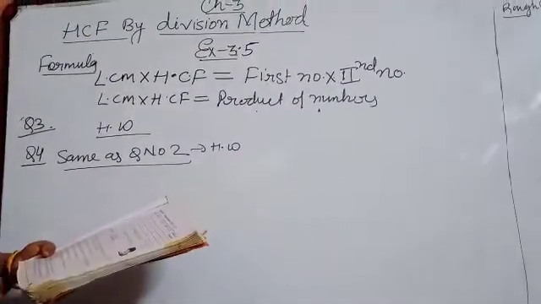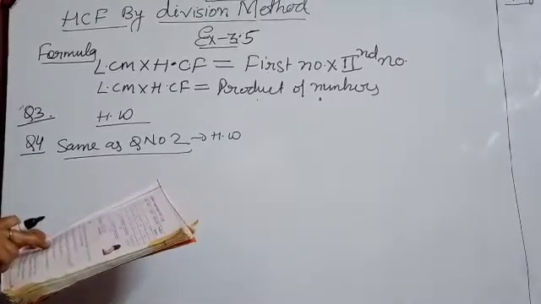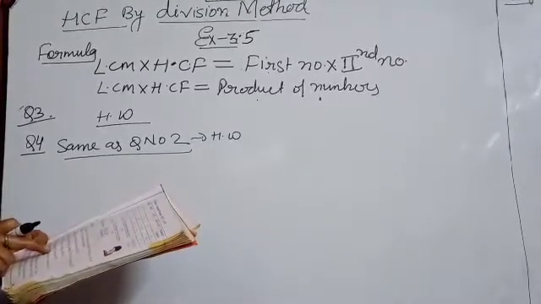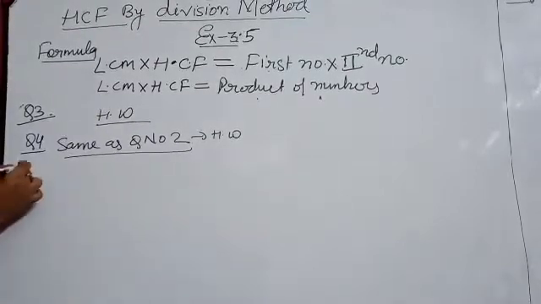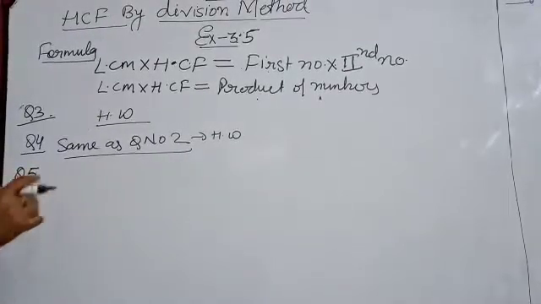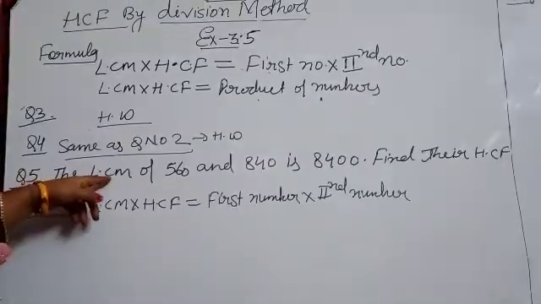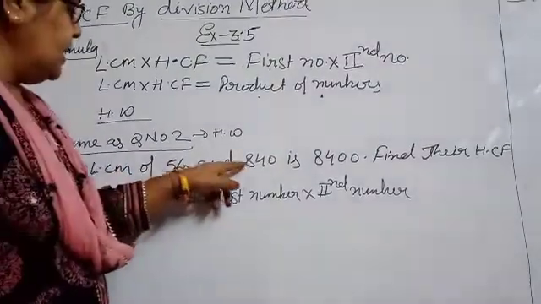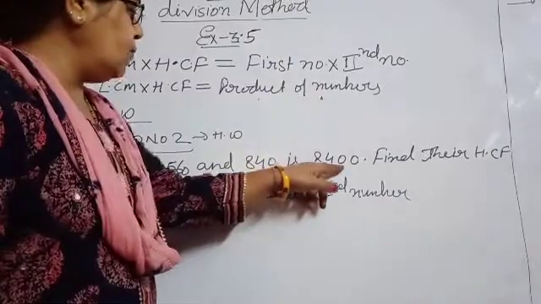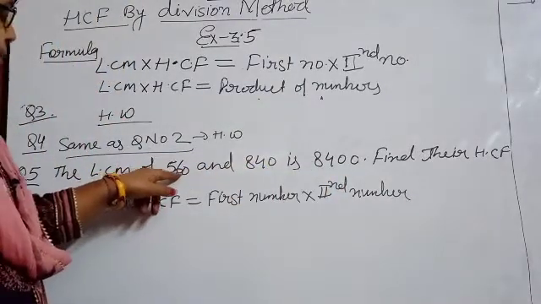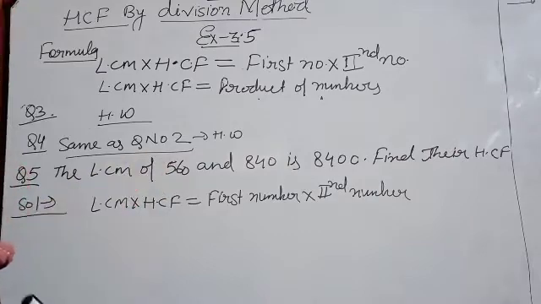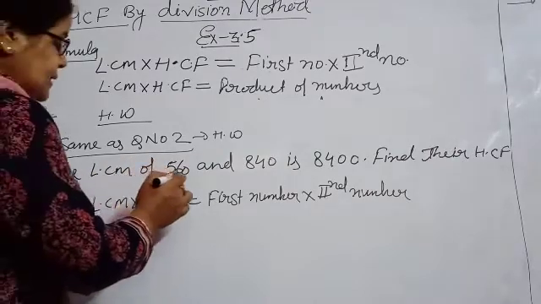If the LCM of 560 and 840 is 8400, find their HCF. Now see question number 5. The LCM of 560 and 840 is 8400. Don't take it wrongly; children are always confusing these.